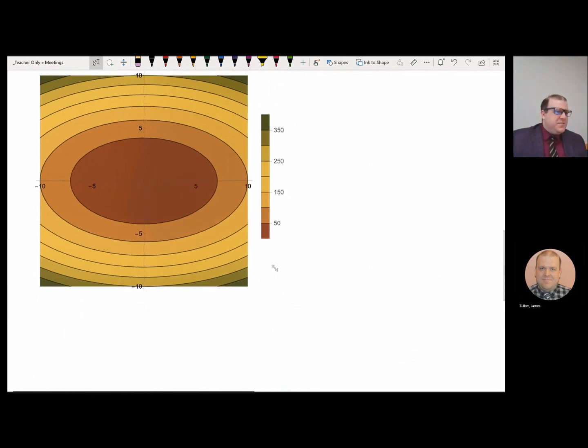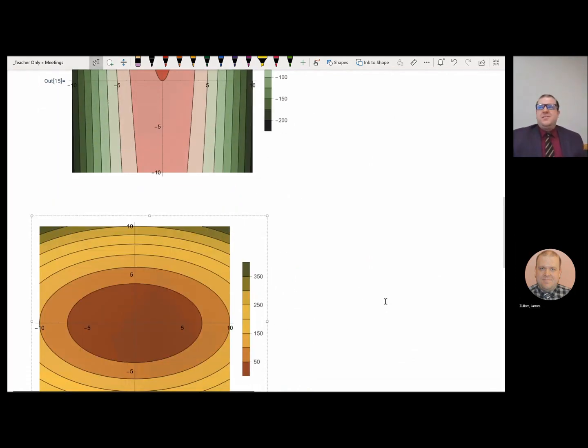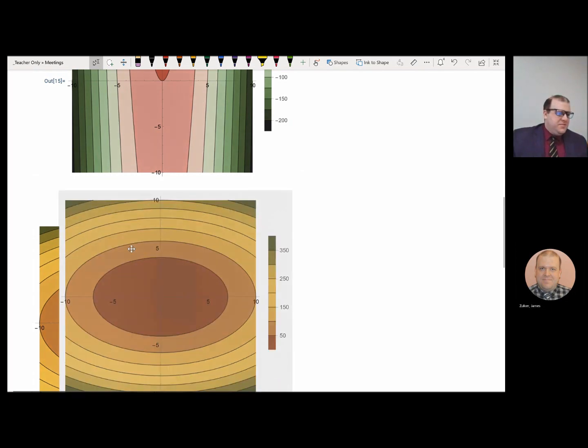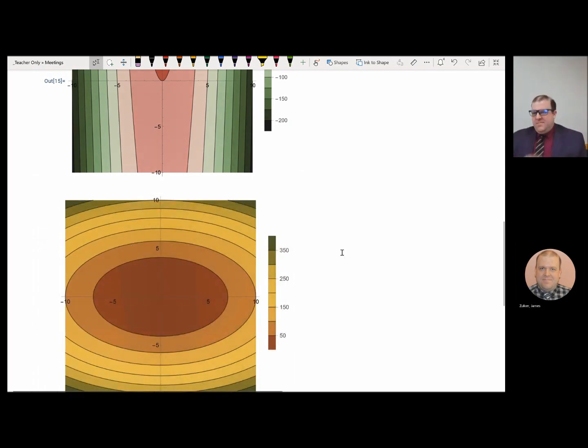Right, so these are ellipses, right? Again, what you can do is kind of think of this as like its shadow on the xy plane. Right, so if you're to plot the actual function, you can kind of think of this as its shadow.